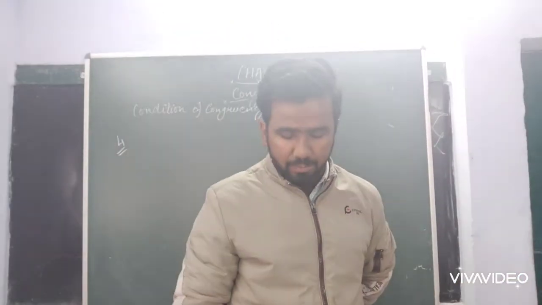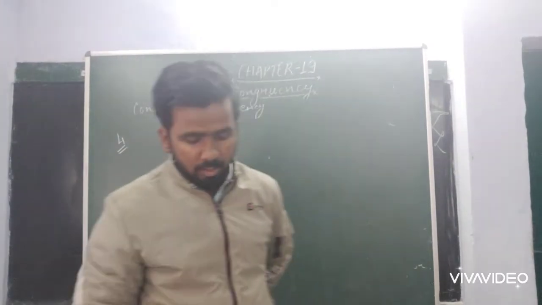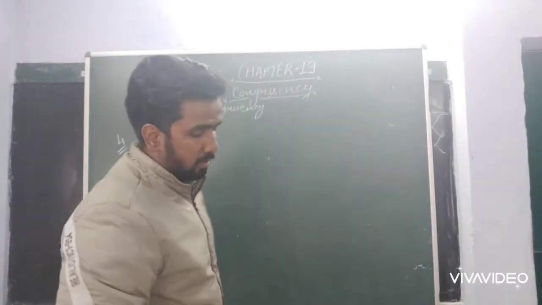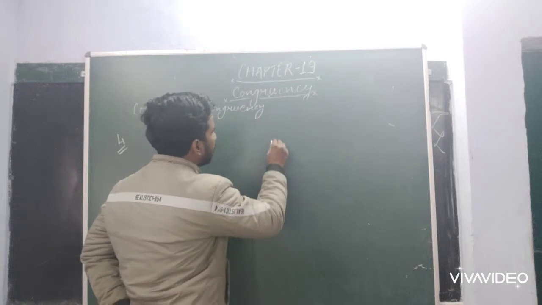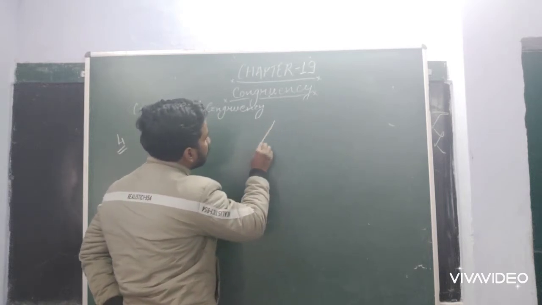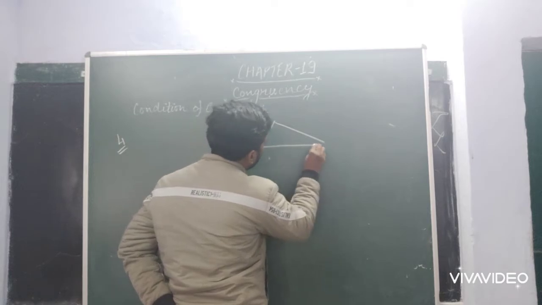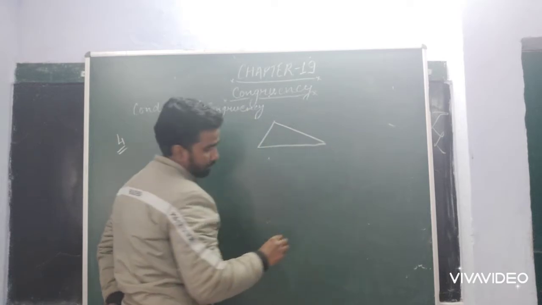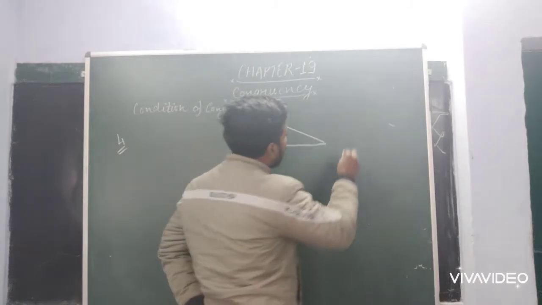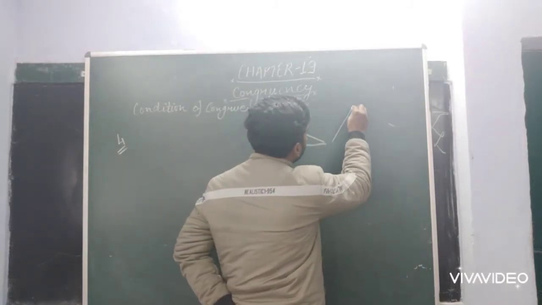Now our next condition is angle, angle, side. Let us see what this condition tells us. This triangle is given to you, and one more triangle.